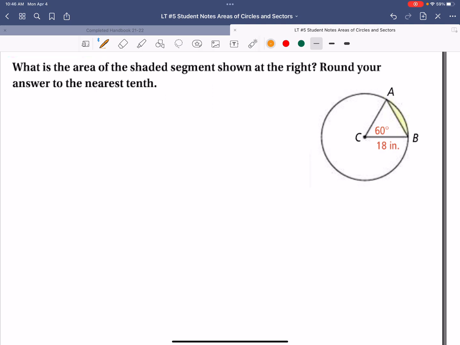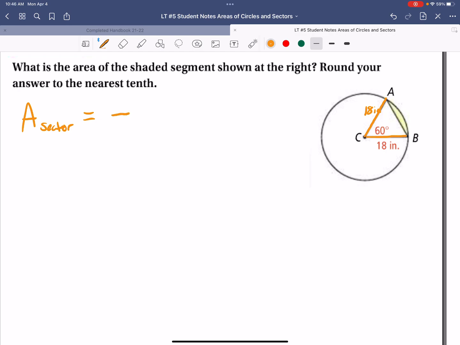Here we go. Now, this radius is 18. This is also a radius, so this is also 18 inches. So I need to get the area of the sector. And the area of the sector is going to be the fractional area of the circle.